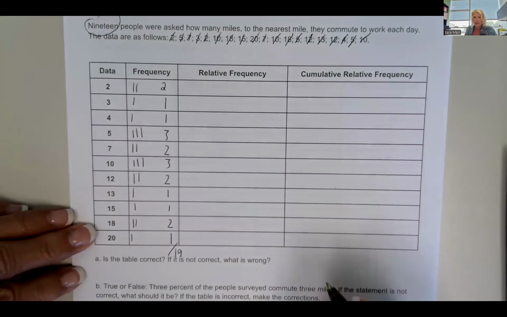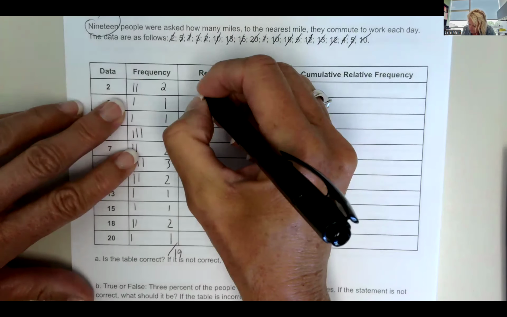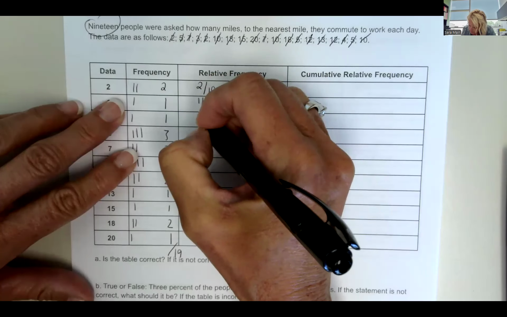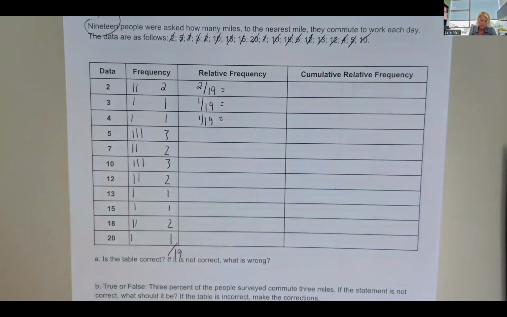Okay. So our relative frequency is going to be taking the individual frequency and dividing by 19. So each of these are going to be divided by 19. Let's go ahead and do that.